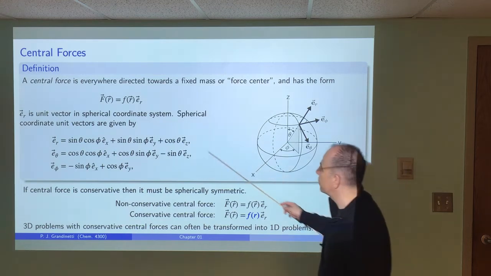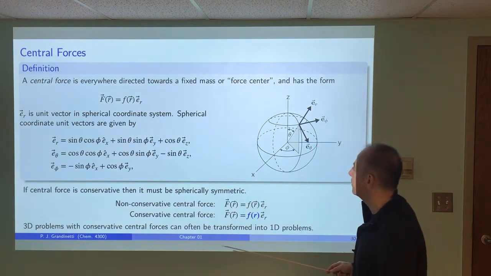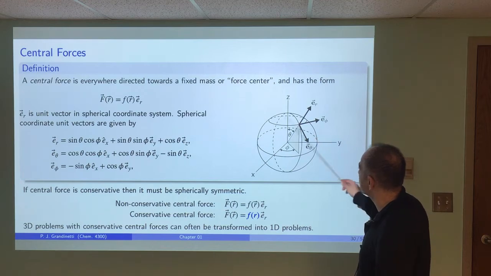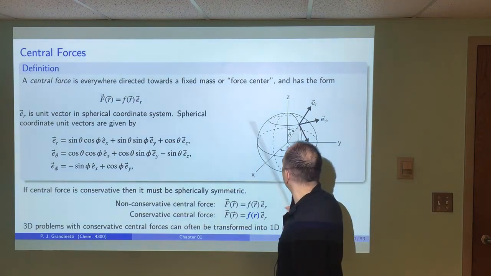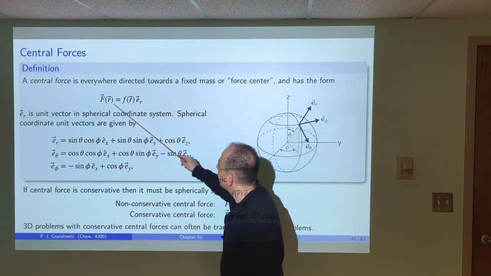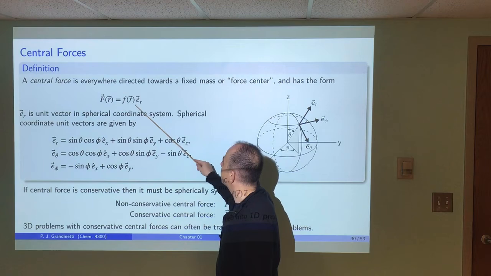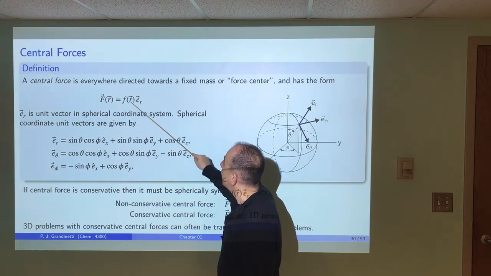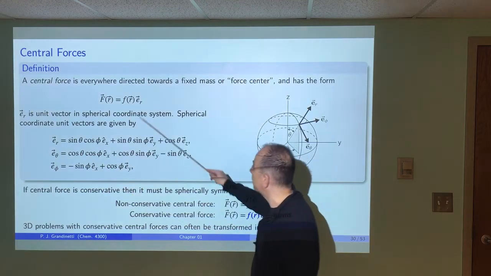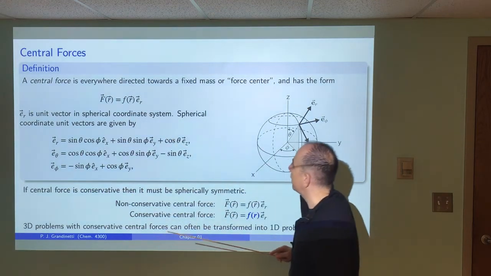You're used to writing unit vectors in terms of Cartesian, but you could, if you wanted, switch to spherical coordinates and define these spherical unit vectors. And when you write your force in terms of spherical unit vectors, it can be written in a form like this if it's a central force. So if it's a central force, then you just have a function of just the radius vector times the unit vector along r.